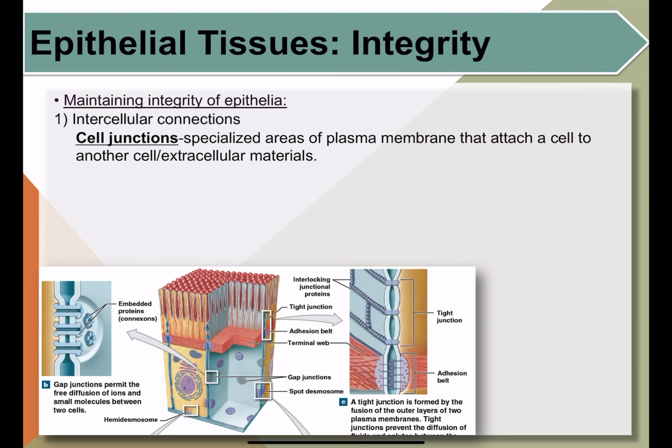But how do these epithelial cells connect with each other so that, for example, your red blood cells won't try to seep through between two adjacent epithelial cells that line your blood vessels?